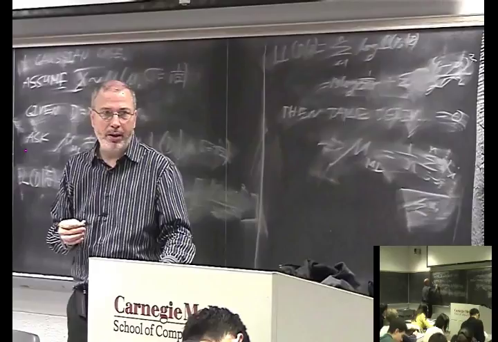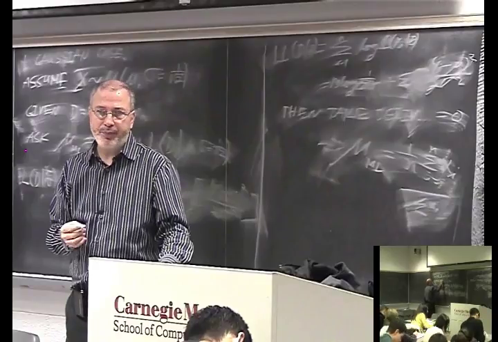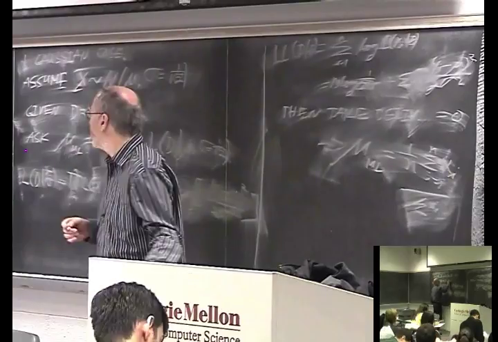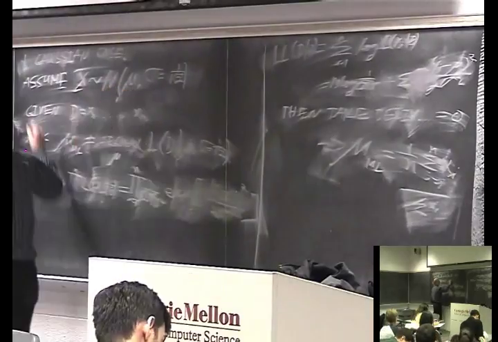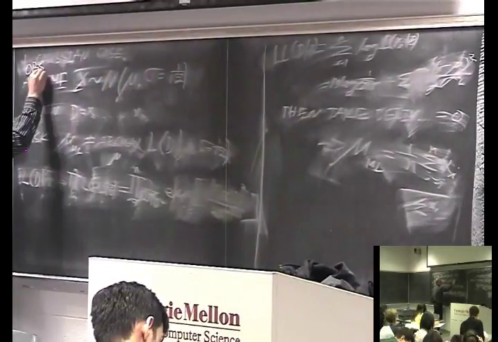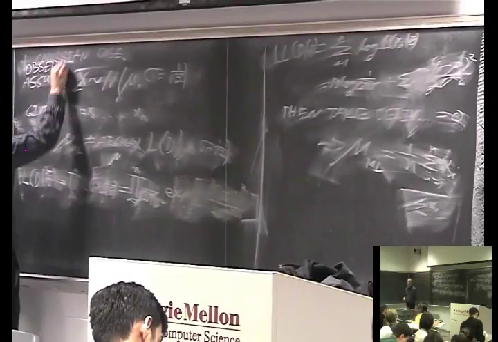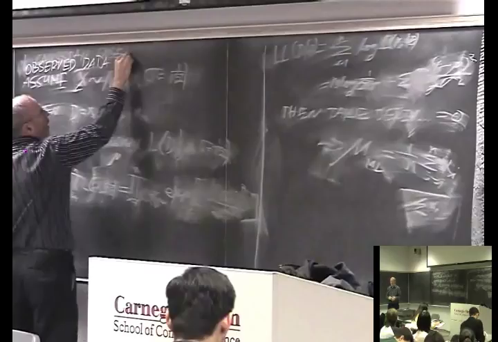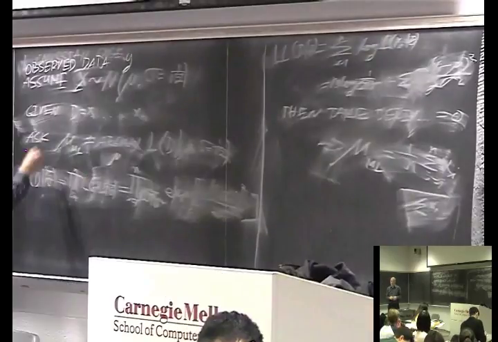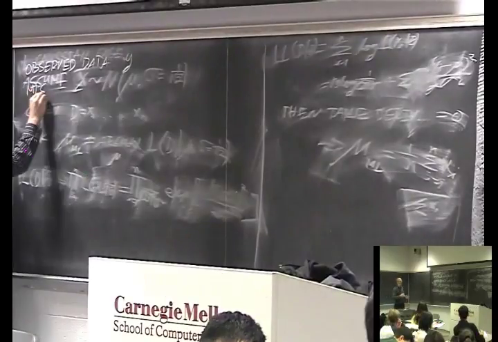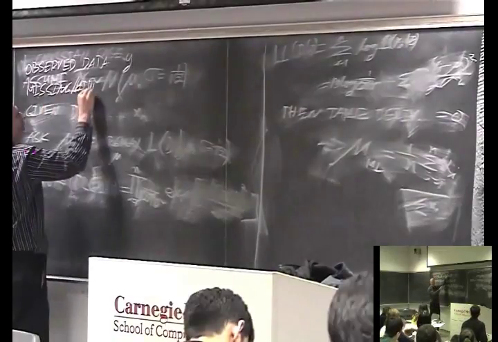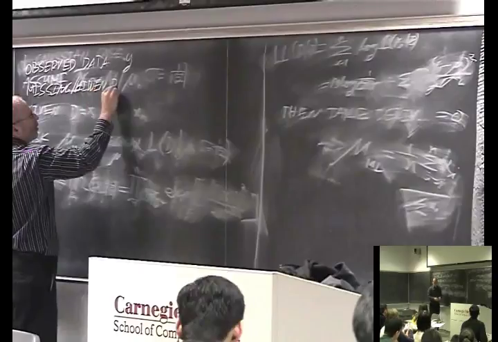Complete data is X, which consists of Y and Z. So if you ever see papers that deal with EM, they typically would use this notation. Sometimes people will fudge and will use X for this standard observable like we did today. Z is almost always reserved for the hidden.